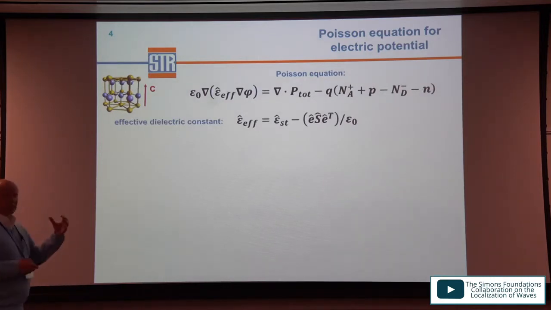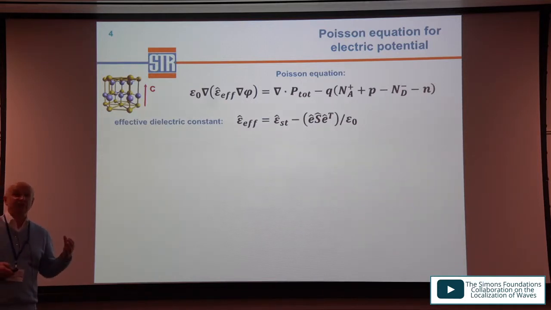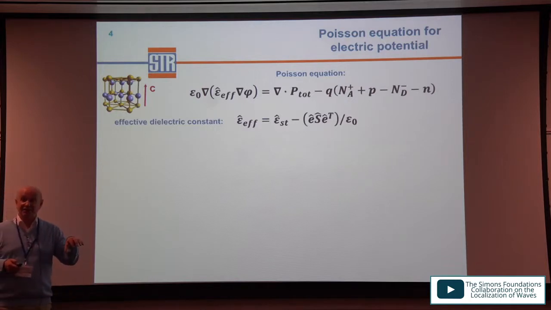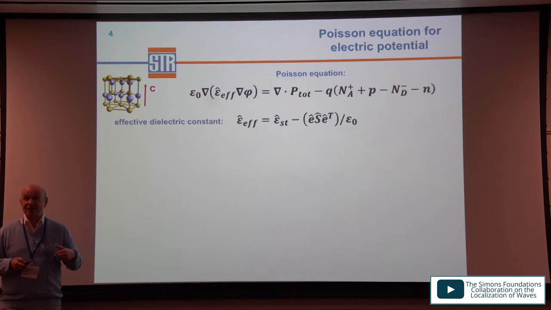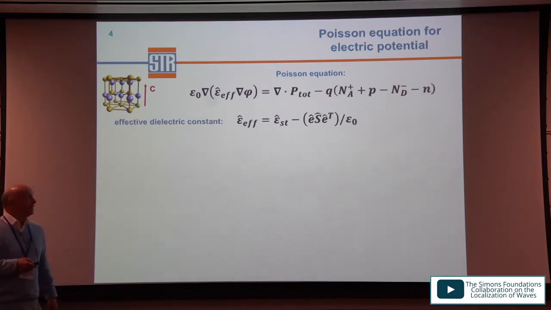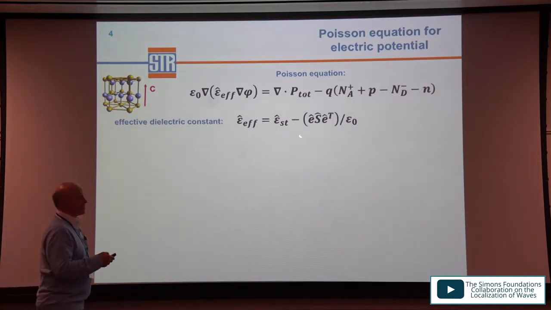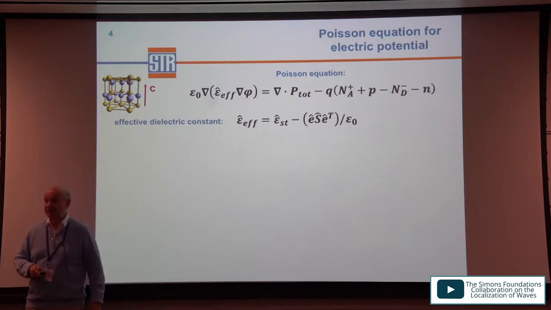Namely, the strong electric field available in nitride semiconductors produces strain in the heterostructure, and strain produces the piezoelectric charges that modify the electric potential distribution in the structure. As a result, we should operate not with the static dielectric constant, but with the effective dielectric constant, which takes into account the reverse piezoelectric effects.